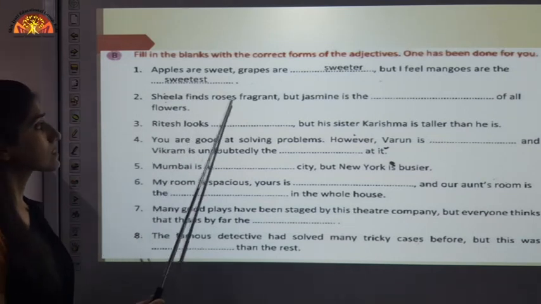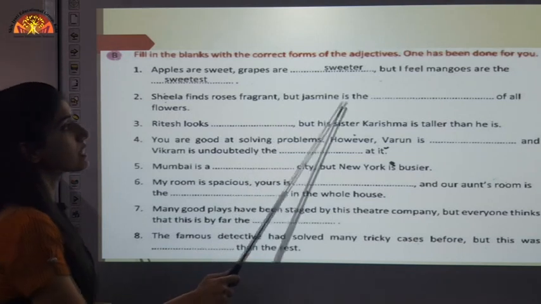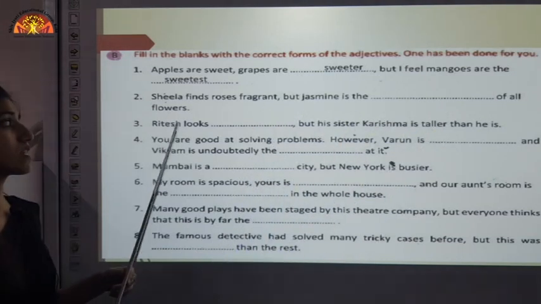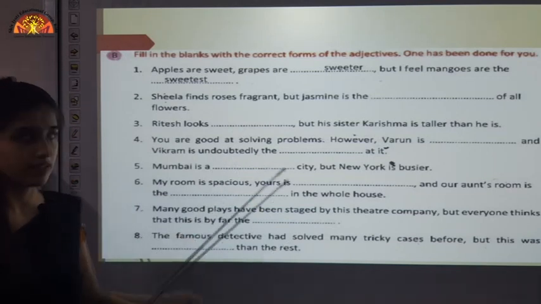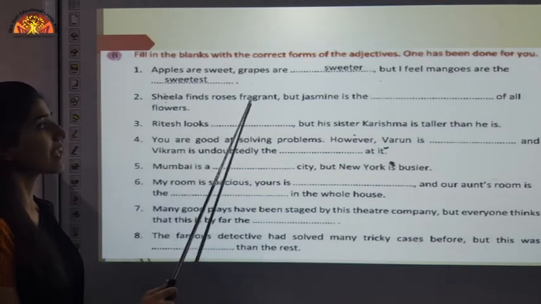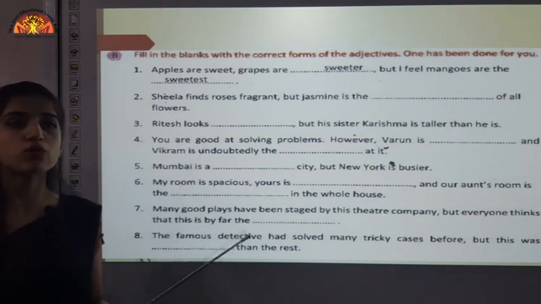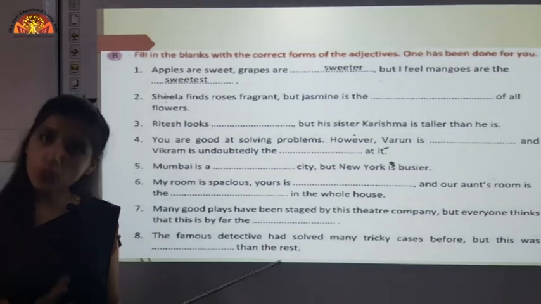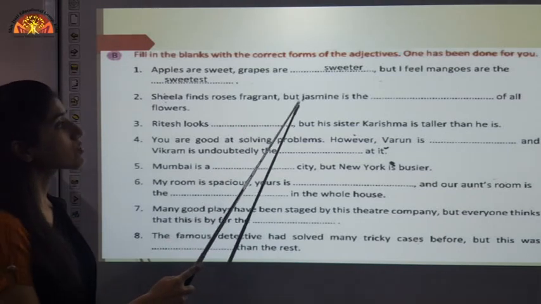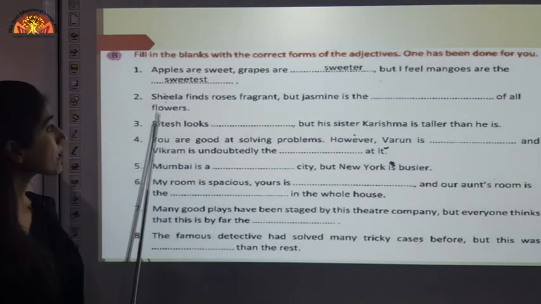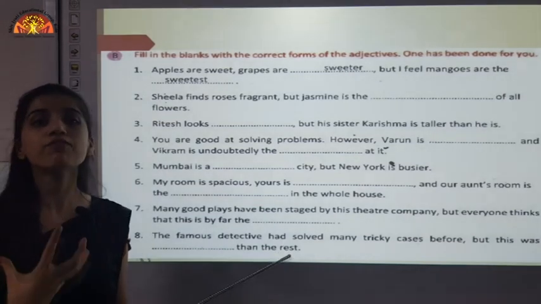Second, Sheila finds roses fragrant, but jasmine is the dash of all flowers. So here in this sentence, first we have to see what is an adjective. So what is the adjective over here? That is fragrant, because it is describing the roses. So fragrant is the adjective, and now we are comparing it with all the flowers.